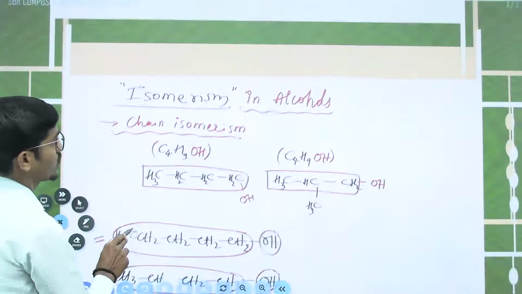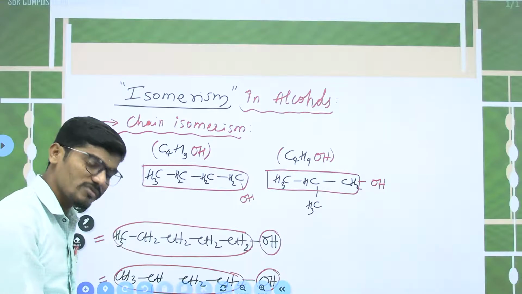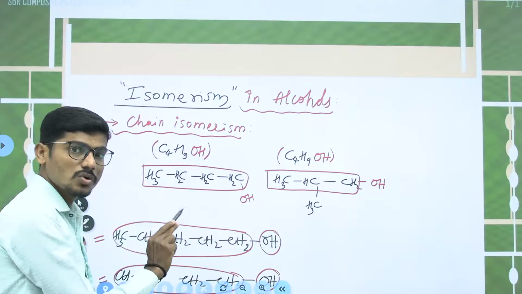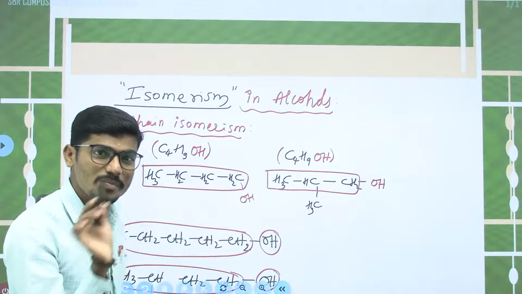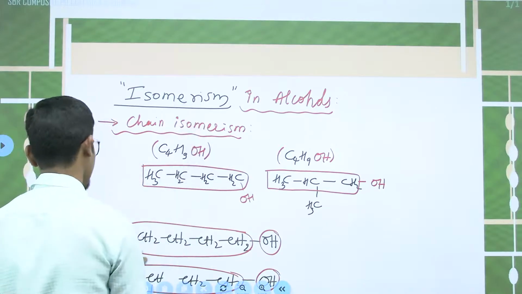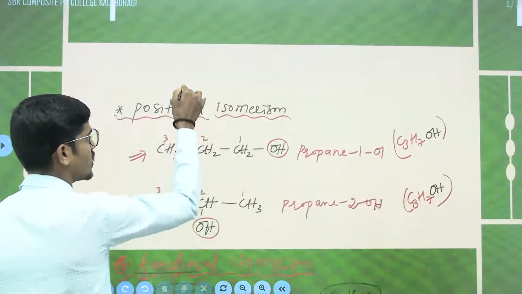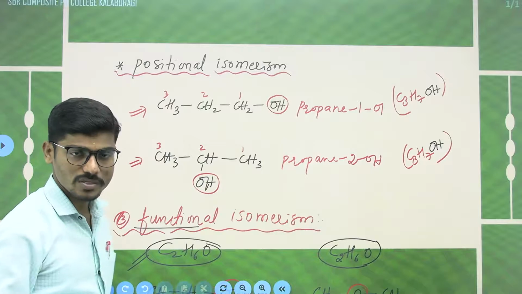The first one is chain isomerism. Compounds which have the same molecular formula and same functional group but differ in the carbon chain, the parent chain, are called chain isomers, and the phenomenon is known as chain isomerism. The second one is positional isomerism.